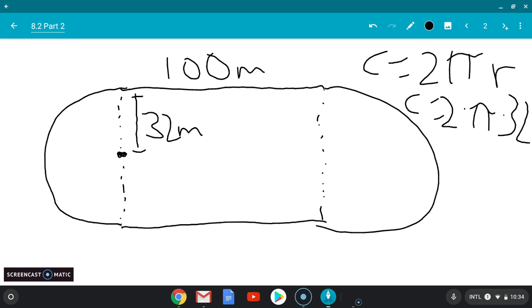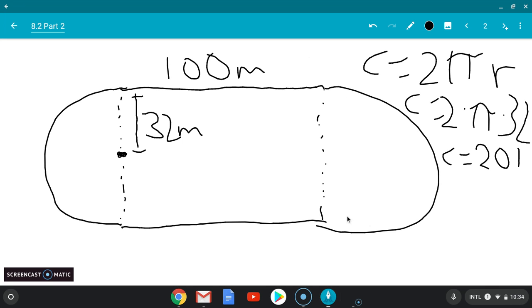If we do that, I'm going to round it to C equals 201 meters. So really, this would be 100.5 meters around.